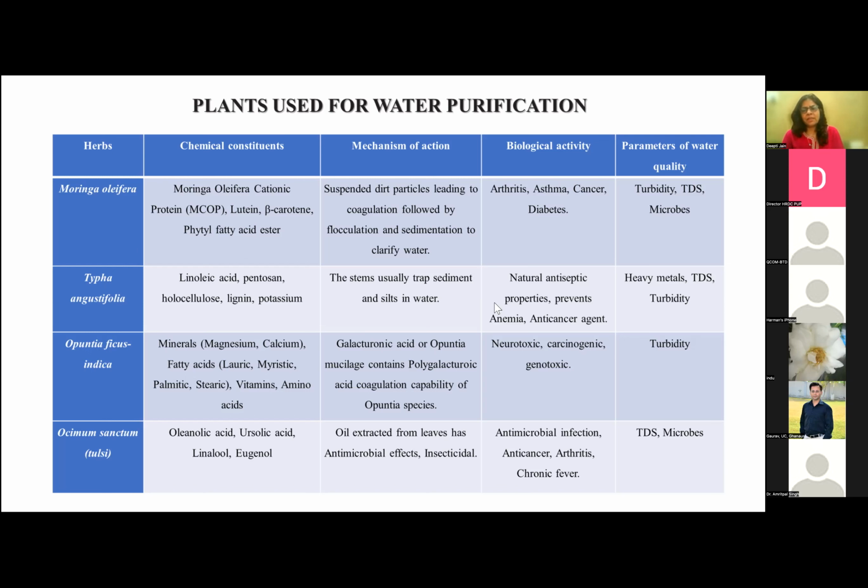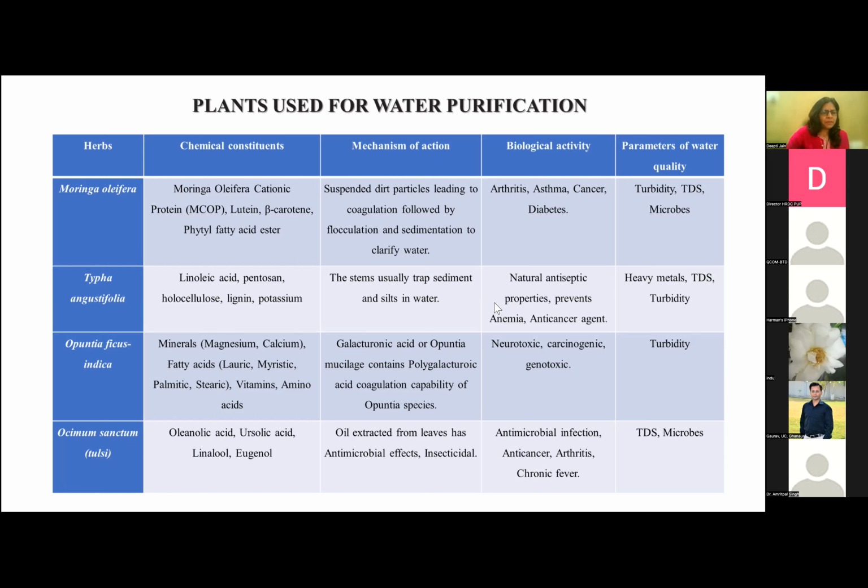The properties it has are natural antiseptic properties. It prevents anemia and it has anti-cancer activity also. So it is mainly used for removal of heavy metals, to lower the TDS, and to remove turbidity.